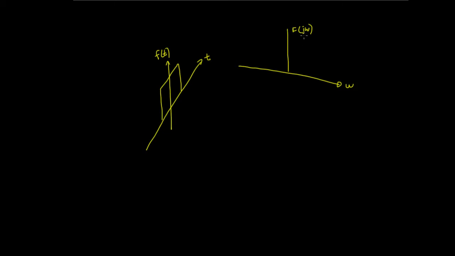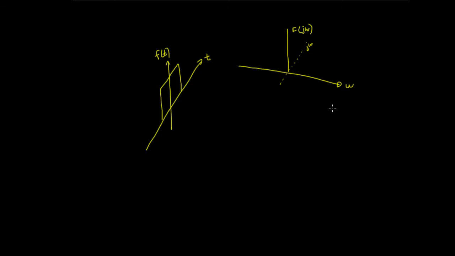Now let's not get confused here. The reason why that says omega is because that's the real part of the frequency axis. Now frequency also has an imaginary part there. The imaginary part would be j omega, so that would be a j omega axis. So that would be the real part of the frequency, and that would be the imaginary part.